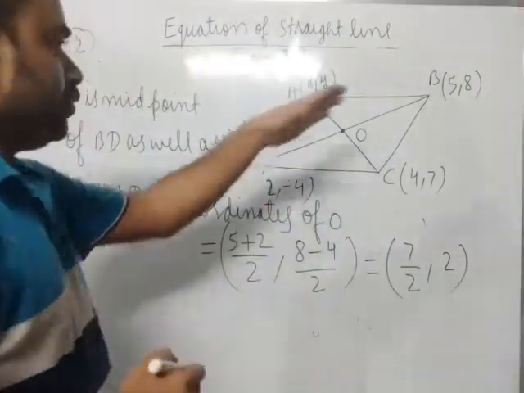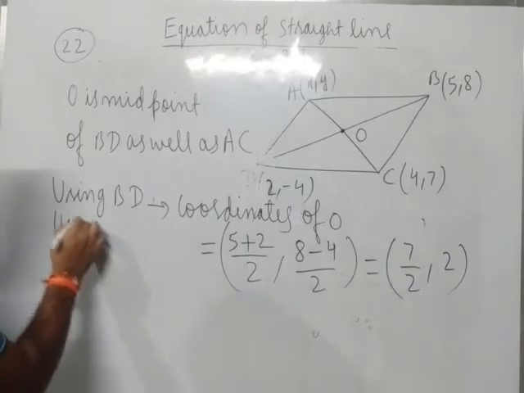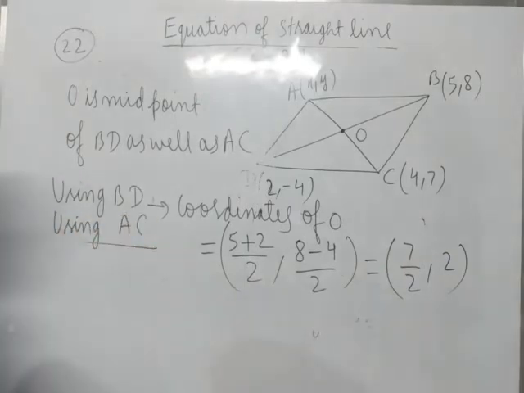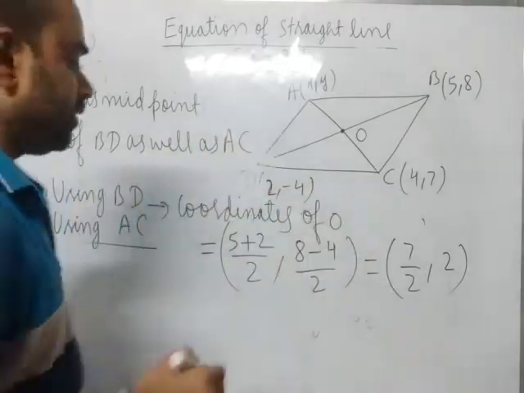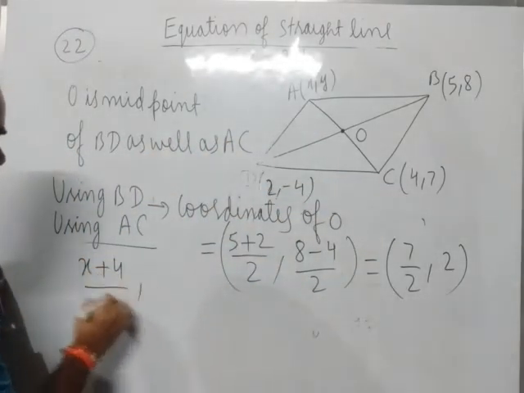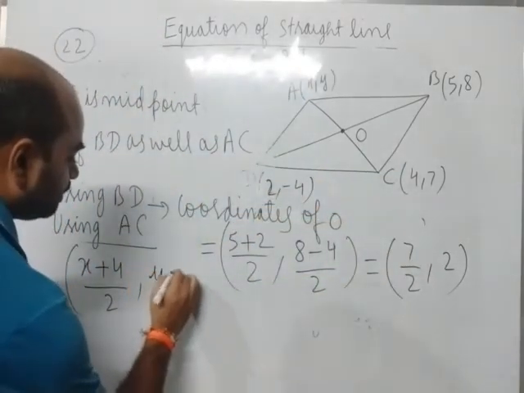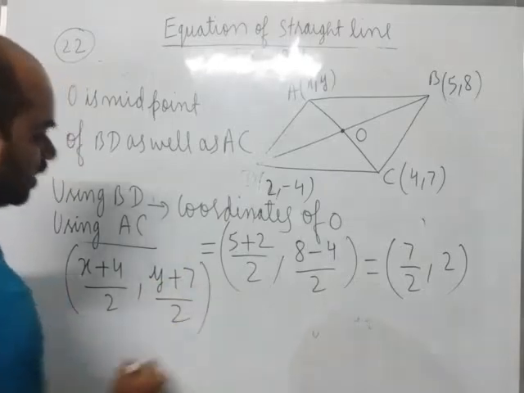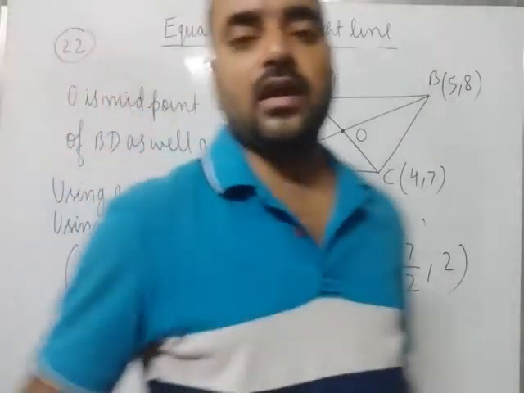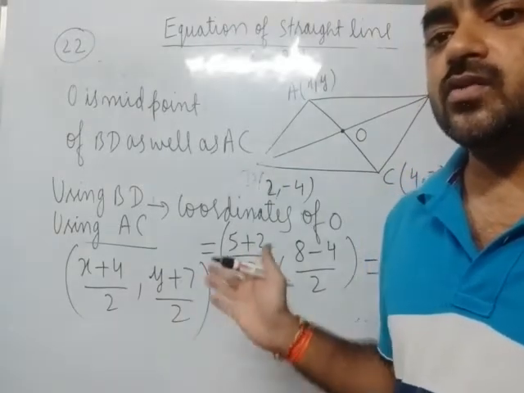Now using AC, what are the coordinates? x1 plus x2 by 2 means x plus 4 by 2 comma y plus 7 by 2. Understood? We have calculated the coordinates of O using BD as well as using AC.